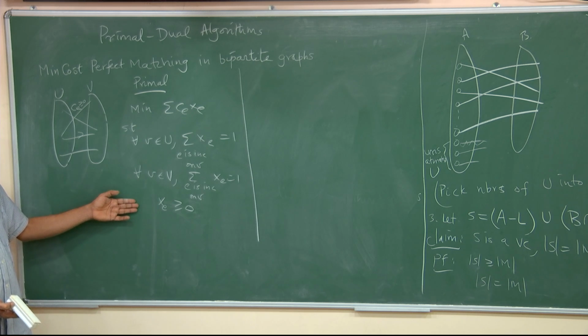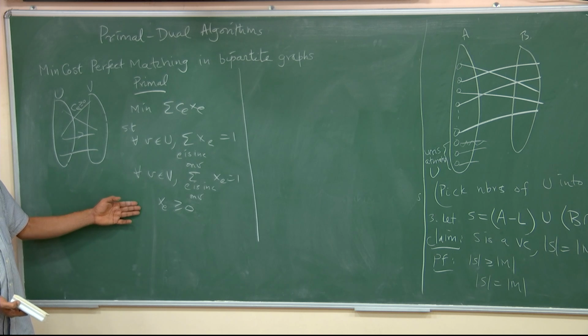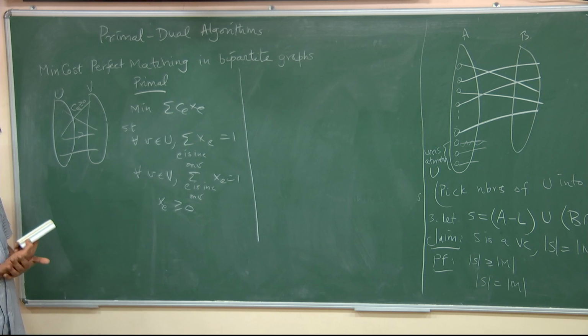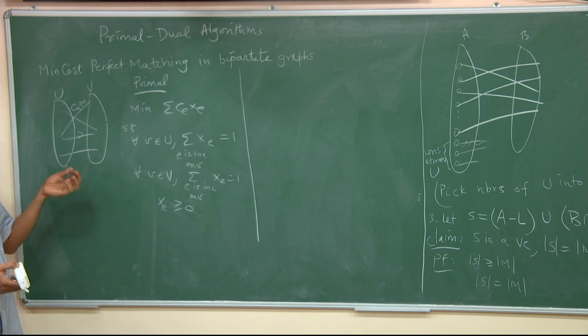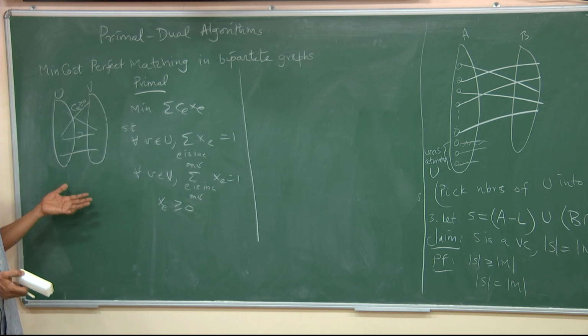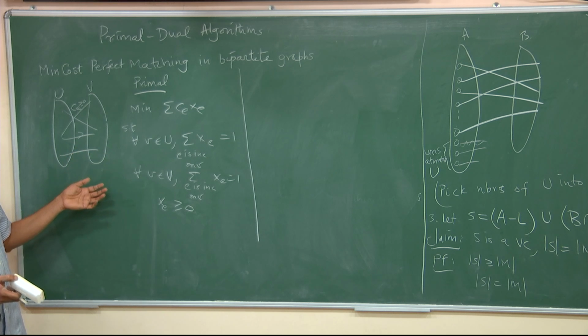Why not? Just look at the LP and see. Is there any need for me to make any x_e greater than 1? It's greater than or equal to 0, all are positive, and the sum should be 1.